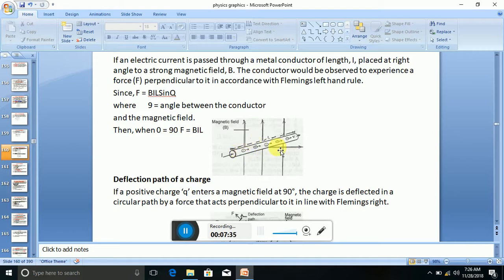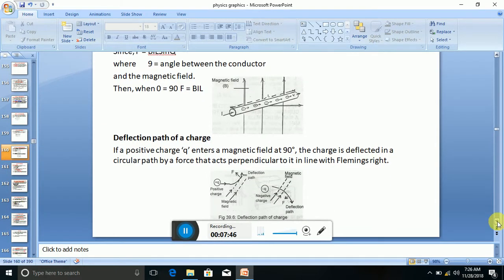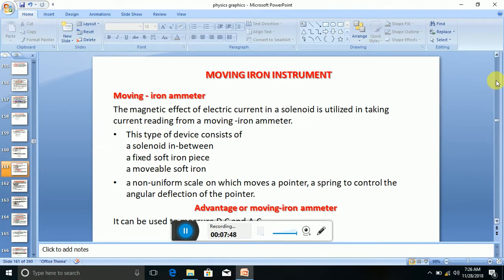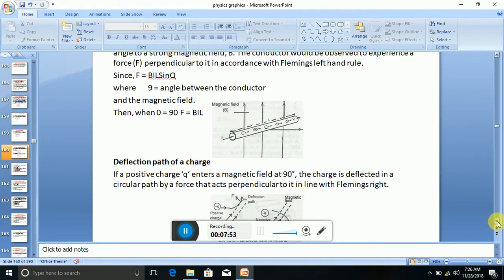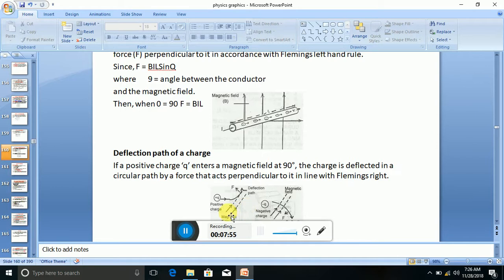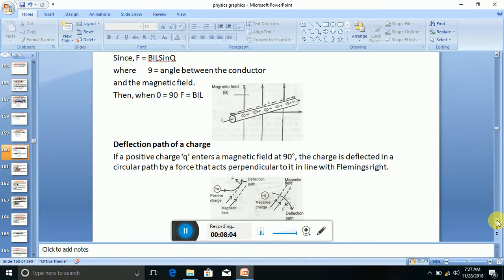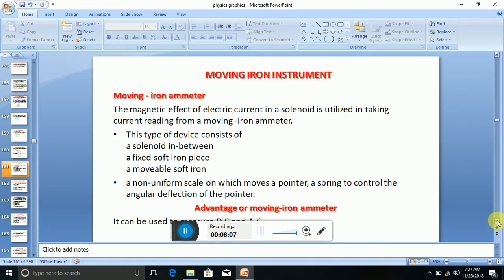So this charge is deflected in a circular path by this force that acts in line with Fleming's right hand rule. Very important. So that is what is actually happening here. See, the charge is moving, and there is a force acting on it in a circular path. So that is because of deflection.